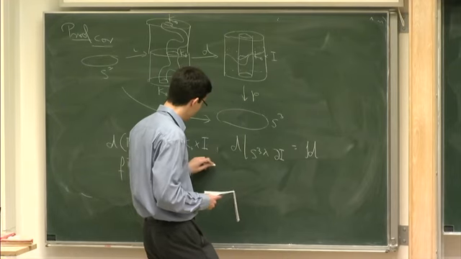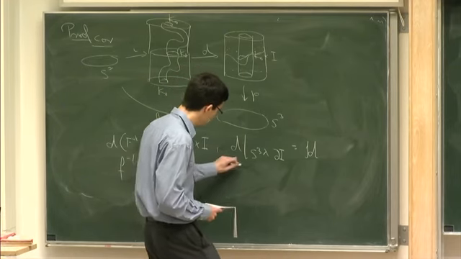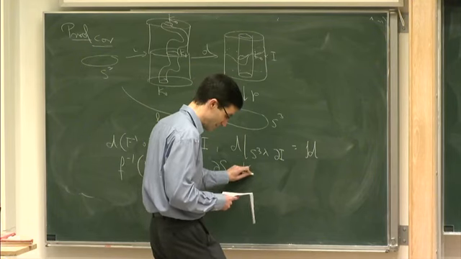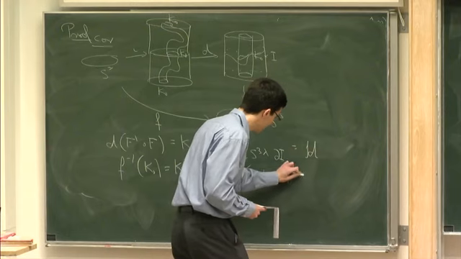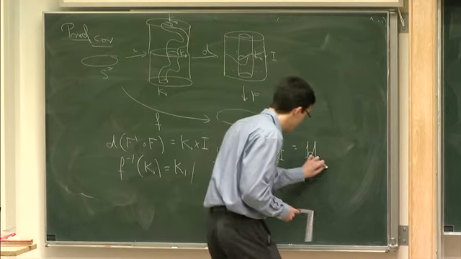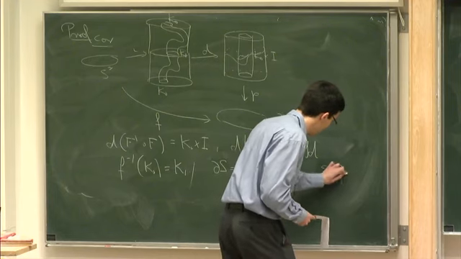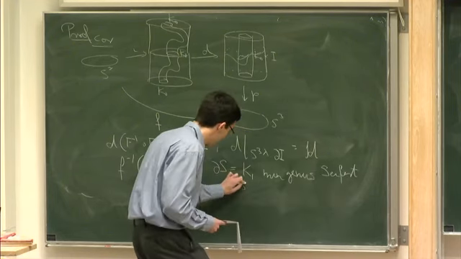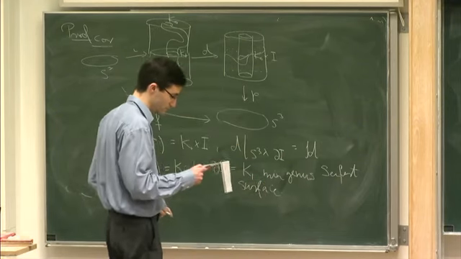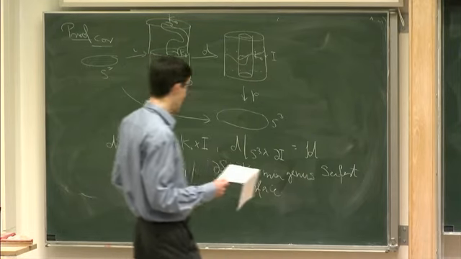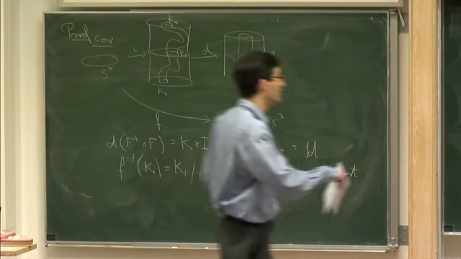So S is a Seifert surface with boundary K1, a minimal genus Seifert surface. Then we use the following result.